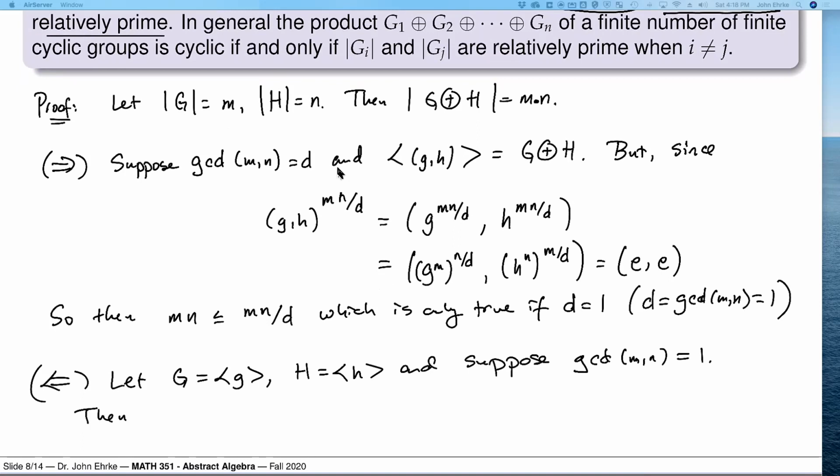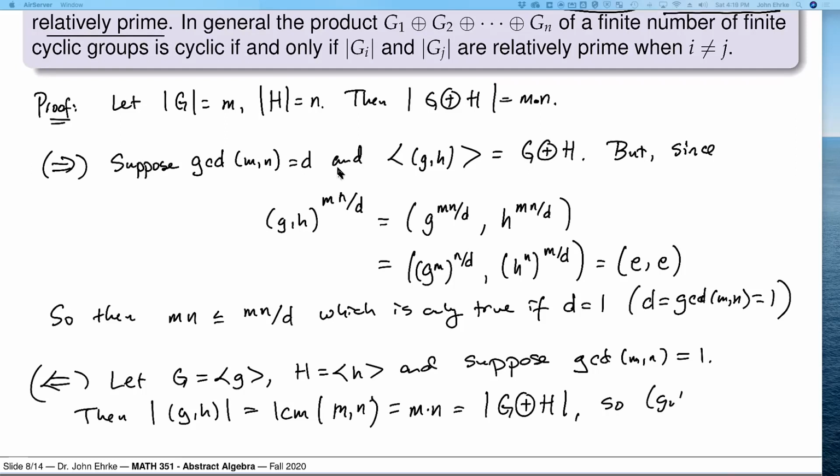If you look at the order of GH in this case, by definition, since it's an element of a direct product, it's the least common multiple of the orders of the individual elements themselves. And the least common multiple of M and N, since M and N are assumed to be relatively prime, is M times N. But that's equal to the order of the external product.